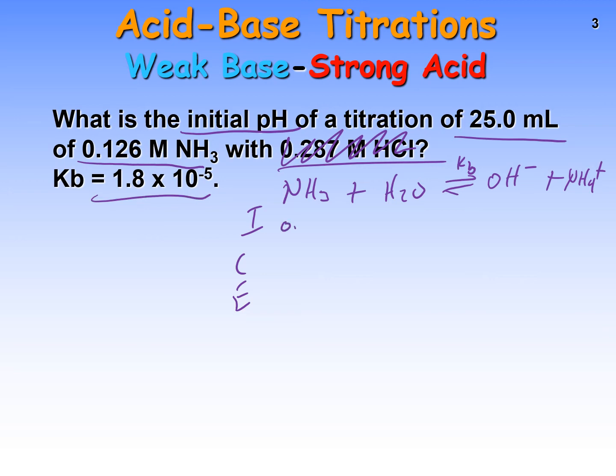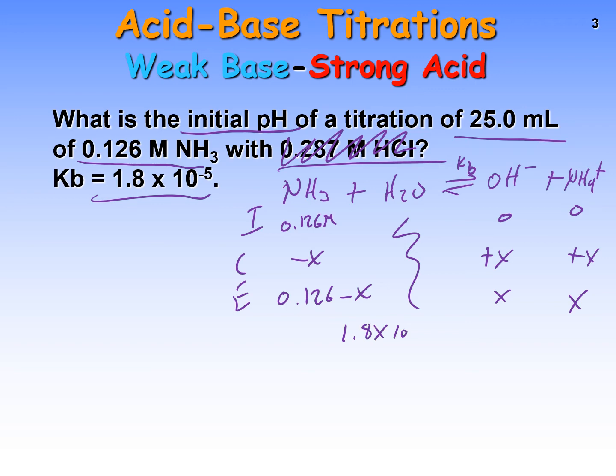So I know that I have 0.126 molar here initially. I don't care about water because it's a pure liquid. These two products are 0 initially. My change is going to be minus x, plus x, plus x, and at equilibrium I have x, x, and 0.126 minus x. I can set all this equal to the Kb: 1.8 times 10 to the negative 5 is equal to x squared all over 0.126 minus x.